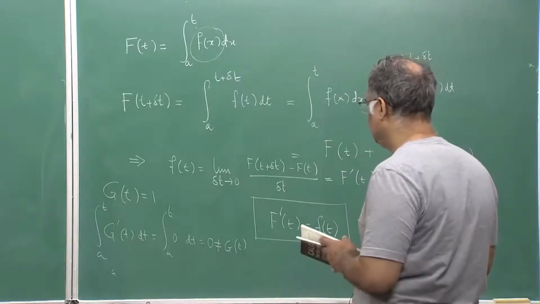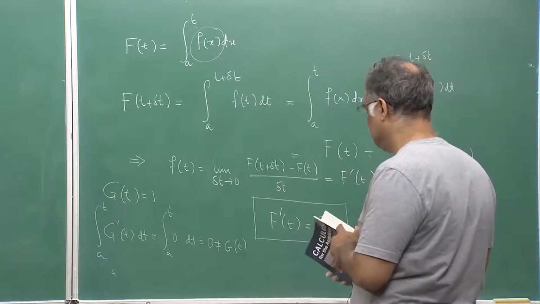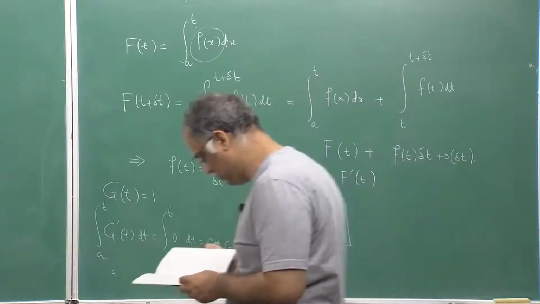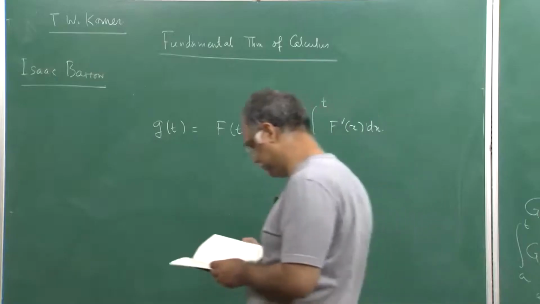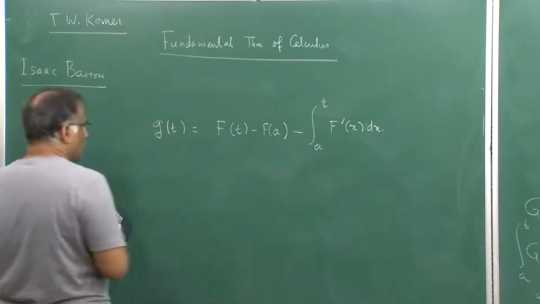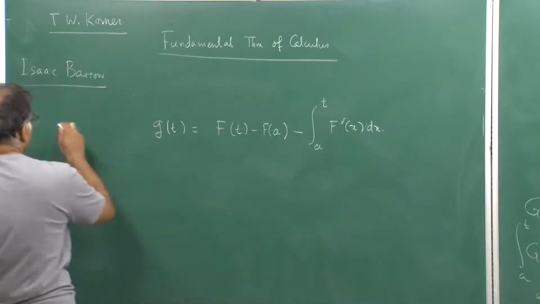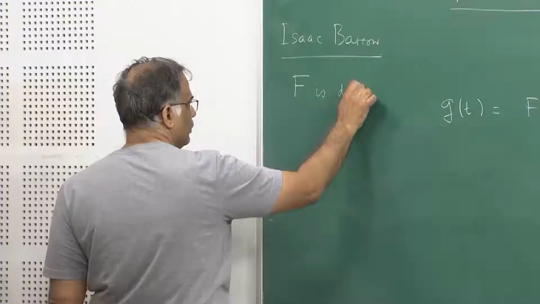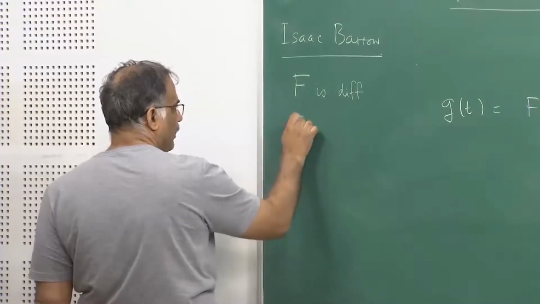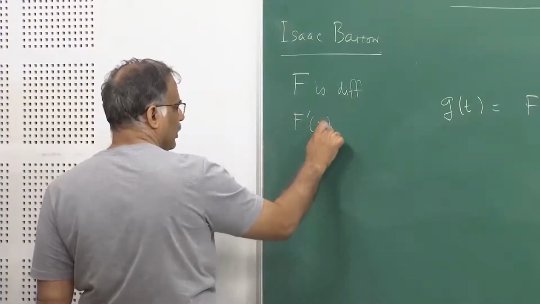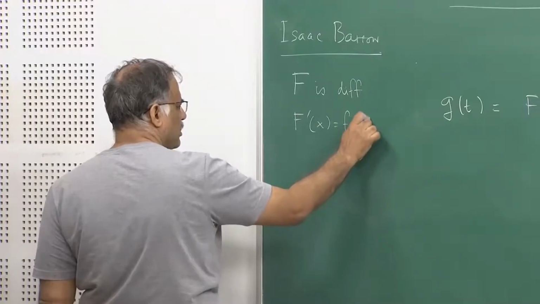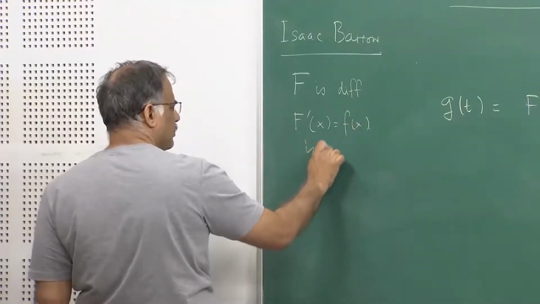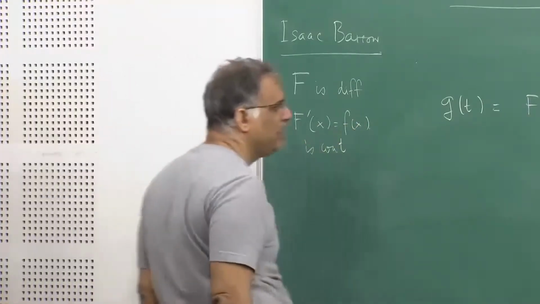So let us look at it. Suppose the derivative, so now I am assuming that when I have written this, F is differentiable and the derivative F dash x equal to f(x) is continuous, and then this integral becomes a meaningful thing.